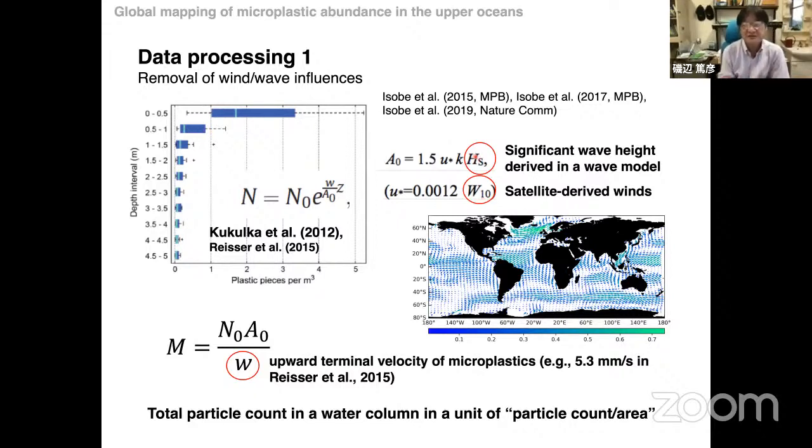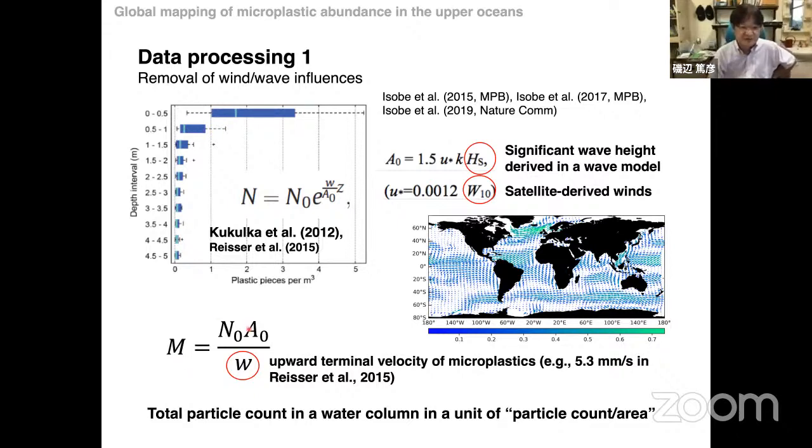And Hs, the significant wave height, was computed by a wave model driven by the satellite-derived winds. Thereafter, we vertically integrate this exponential curve from the surface to the infinitely deep layers so that we obtain M. M means the total particle count in a water column, in units of particle count per area.